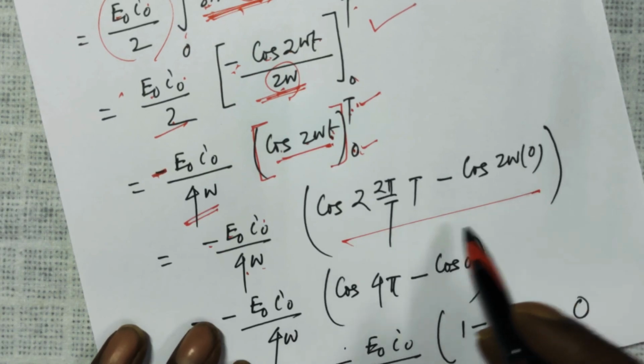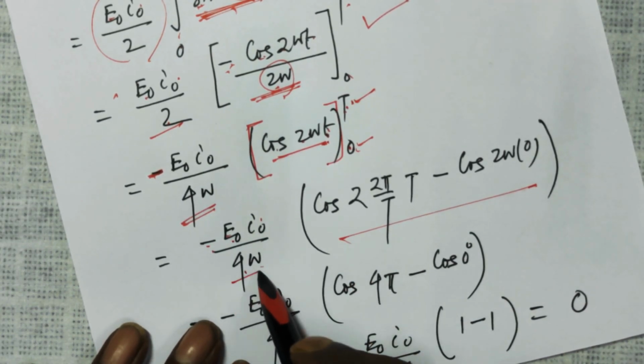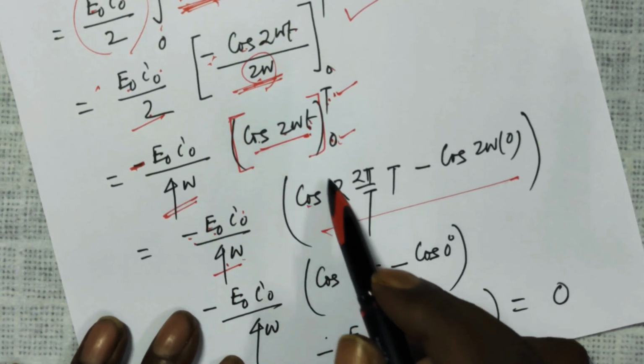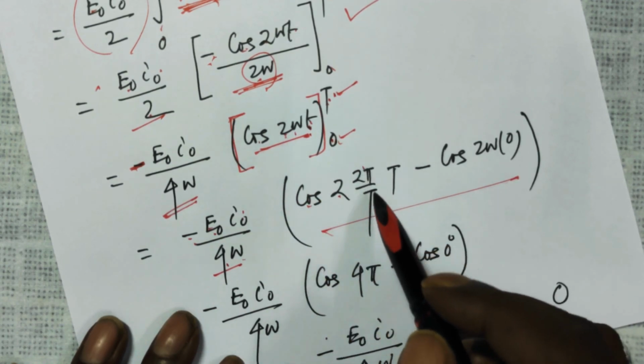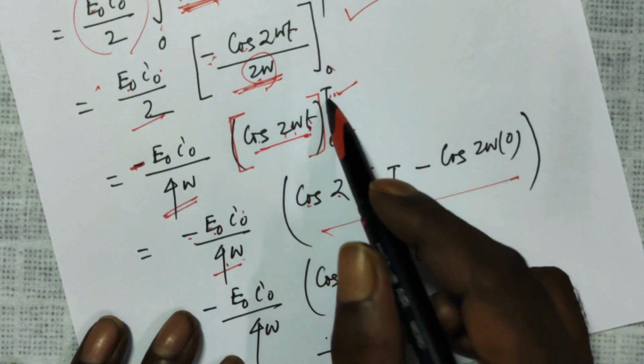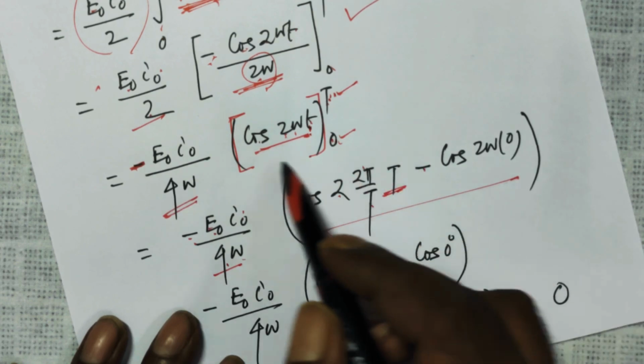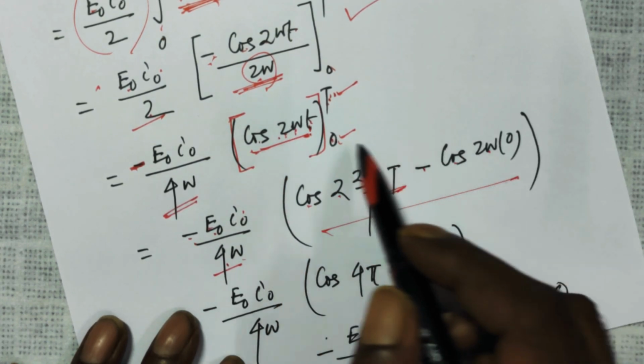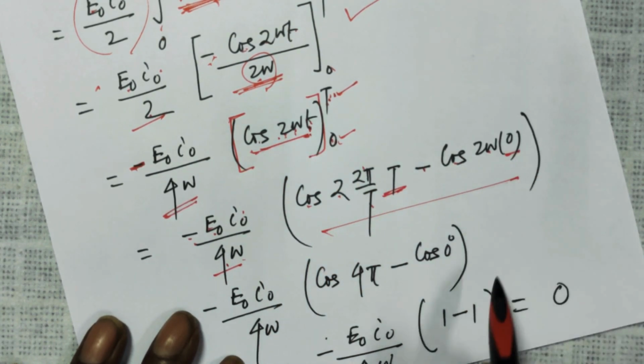So that's what I have done here: minus E naught I naught over 4 omega, cos 2 omega, where omega is 2 pi by T, for small t I write capital T, then minus cos 2 omega, for small t I write 0.